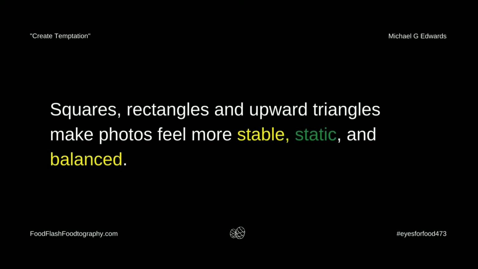So just like we mentioned in our discussion of lines, shapes also have subconscious meanings that we as people have attached to them. As a rule of thumb, a composition influenced by a typical square, rectangle, or upward triangle will make a photo feel more stable or static and overall more balanced.